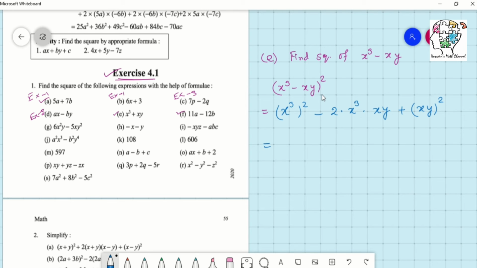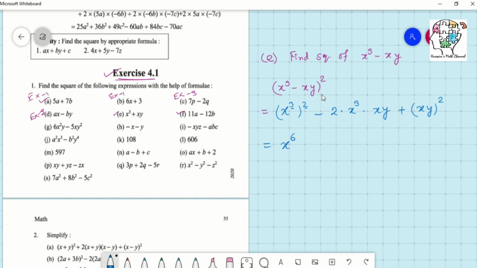Now we all know that if a power has a power, then we need to multiply the powers. That means for x cubed squared, we multiply 2 and 3 and get x to the power 6. So if there is a power on a letter and then another power over that power, we need to multiply. You have to remember this. Do not add.